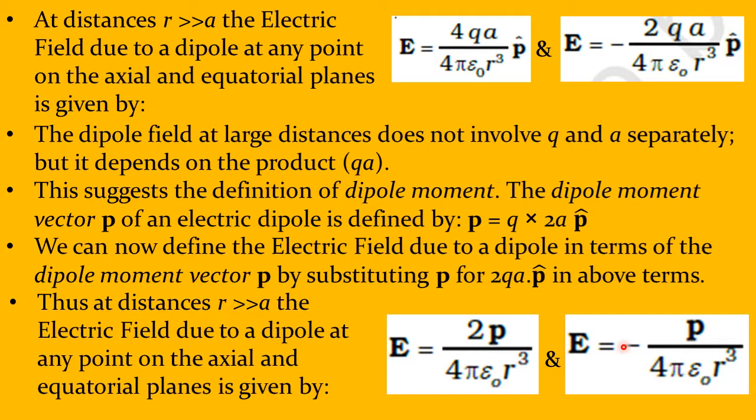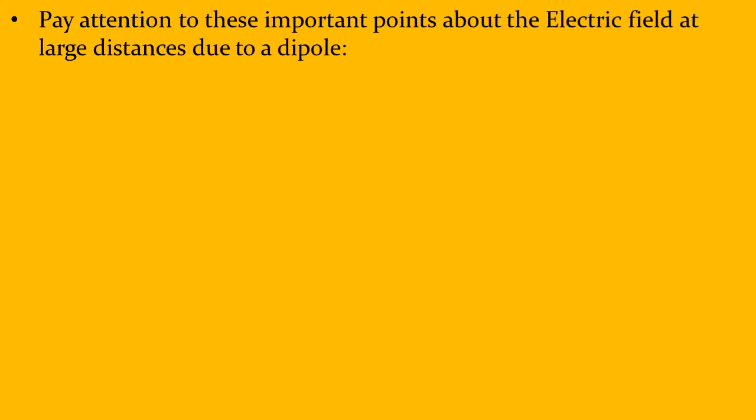And of course, the field is opposite to the direction of the dipole, so a minus sign here. You will see that the field is inversely proportional to r cube, so it falls off much faster than the field due to a single charge.